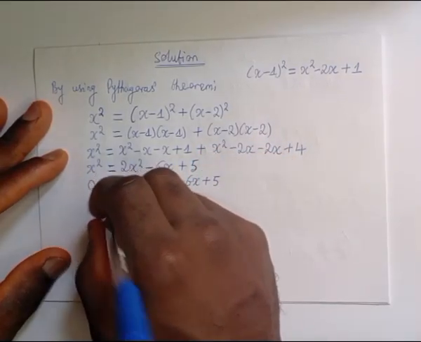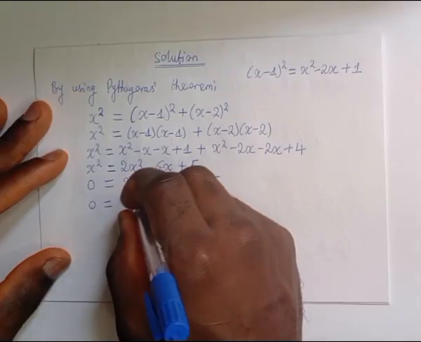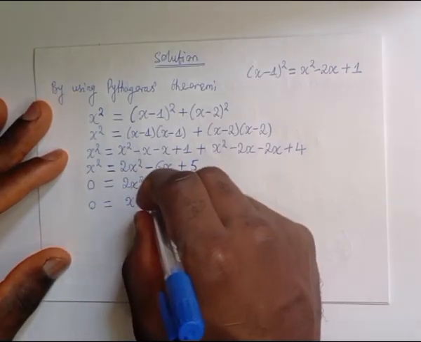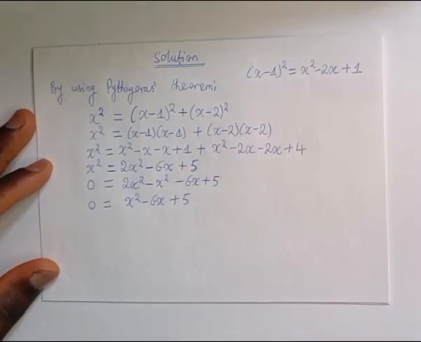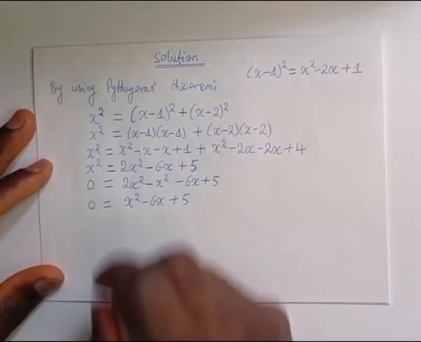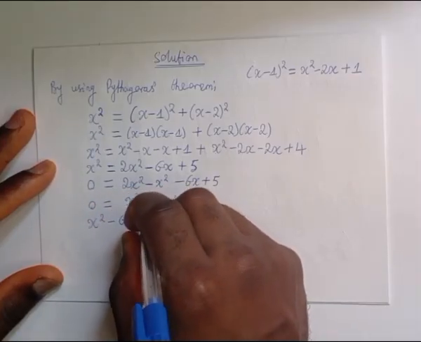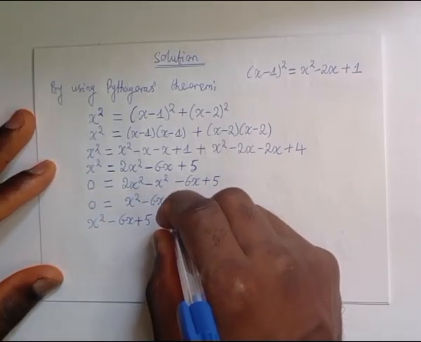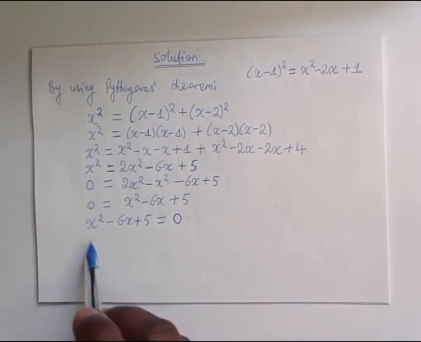This gives 0 equal to x squared minus 6x plus 5, which is the same as saying x squared minus 6x plus 5 is equal to 0. You can see this is a quadratic equation.